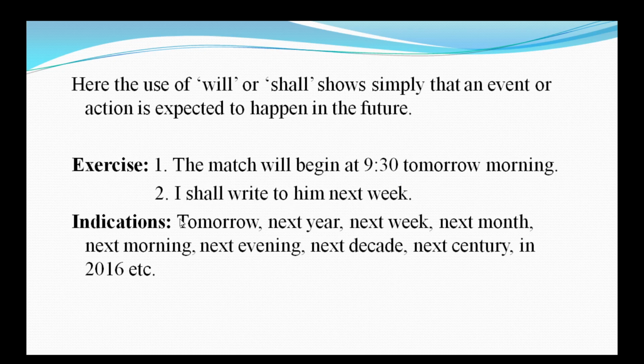These are the two examples that I have given to you, and here the key indications to find out the sentence is framed in the simple future are tomorrow, next year, next week, next month, next morning, next evening, next decade, next century, in 2016, etc.